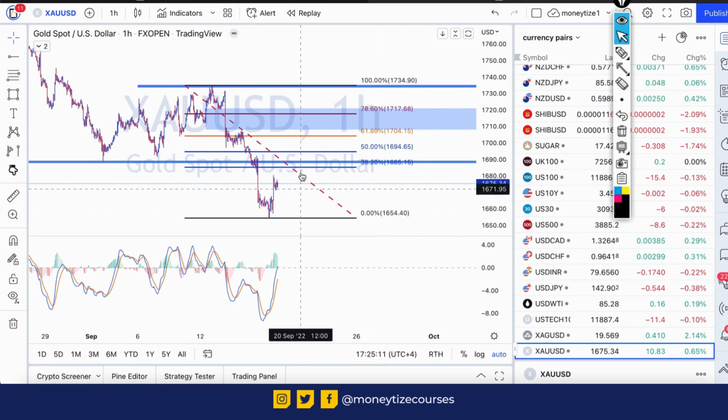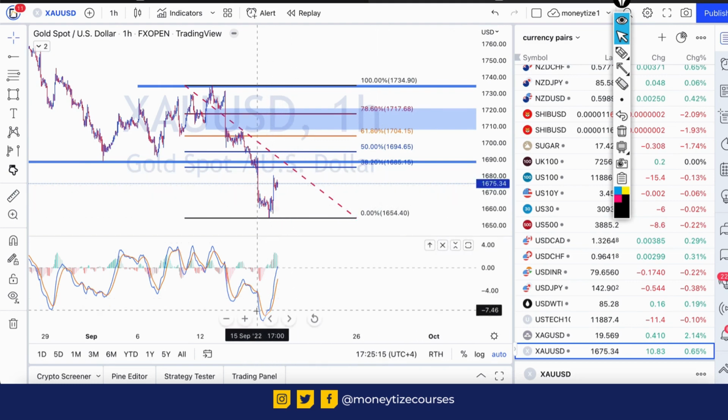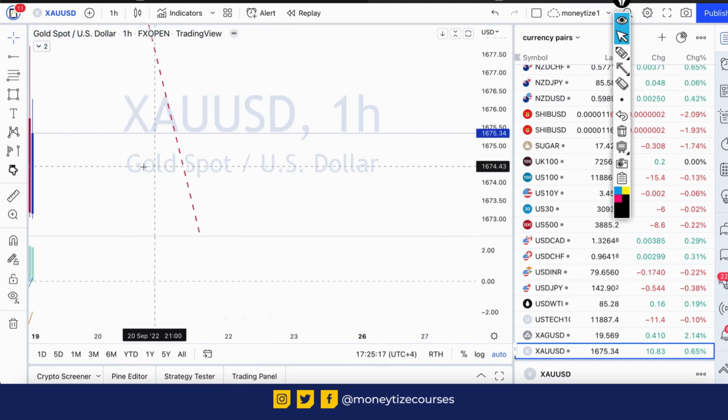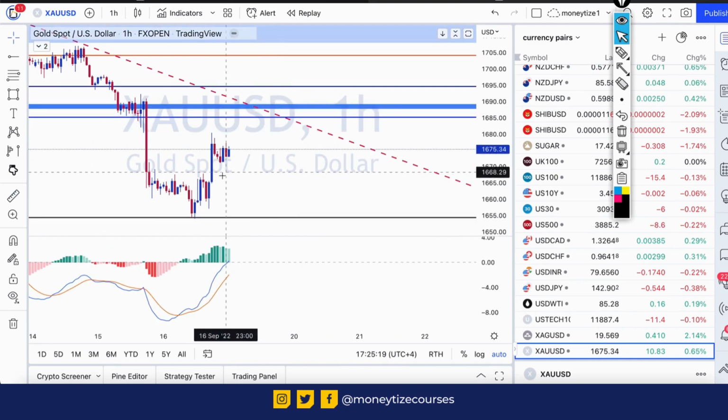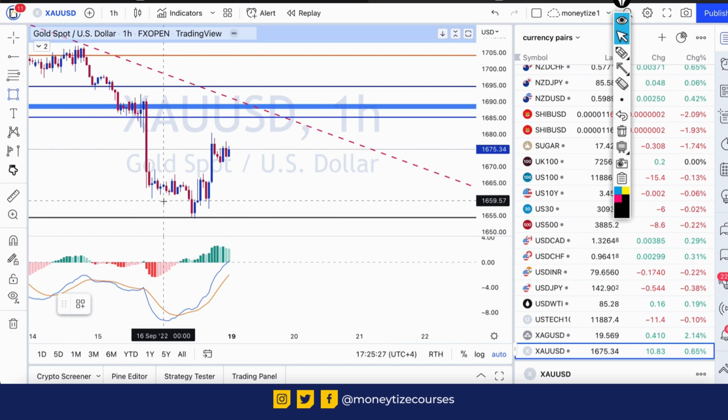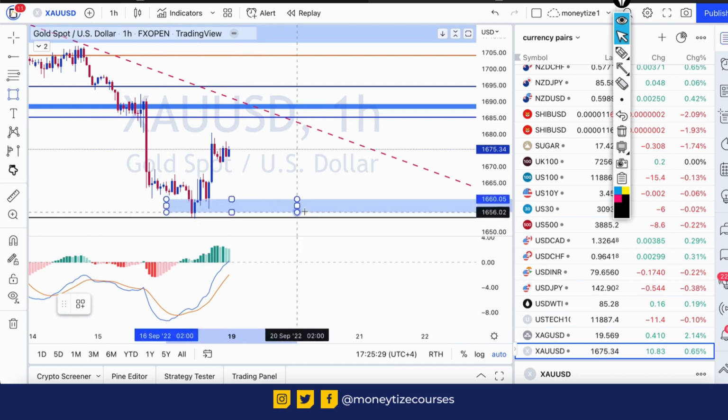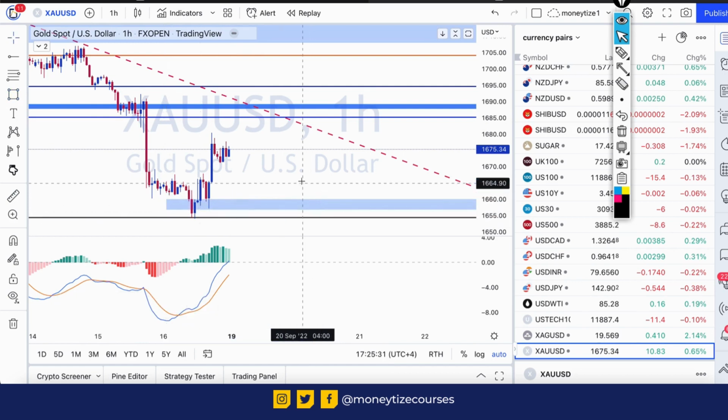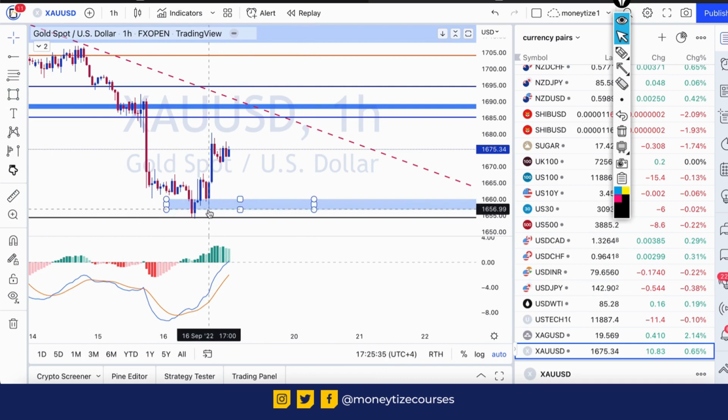So the plan is, in the short term, in the upcoming week, if you get an opportunity to join this short-term bullish trend, you may do so with the stop loss. Okay, so this is 1657.